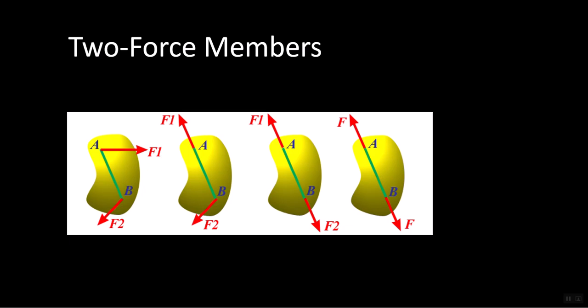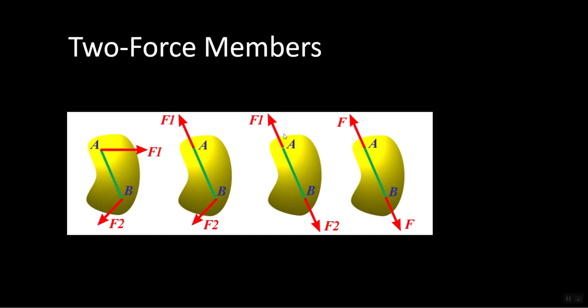So if we balance the moment at point B, the moment due to F2 is automatically 0 because F2 passes through B. For the moment from F1 to be 0, the perpendicular distance between B and F1 should be 0. That means F1 also passes through B.